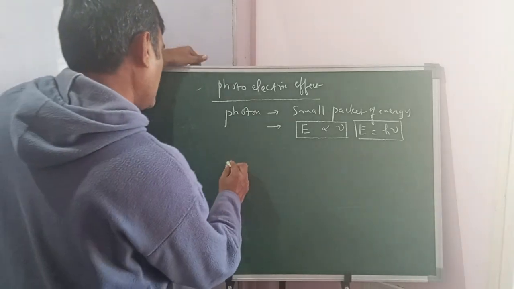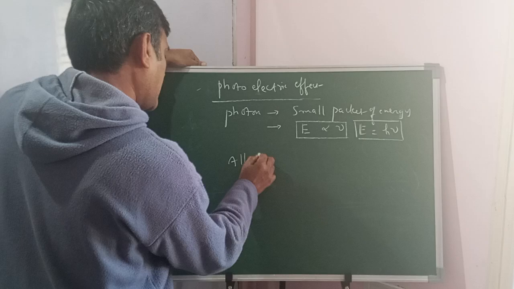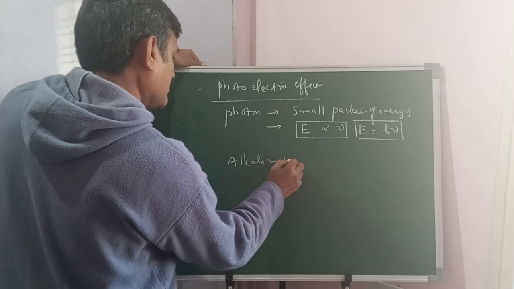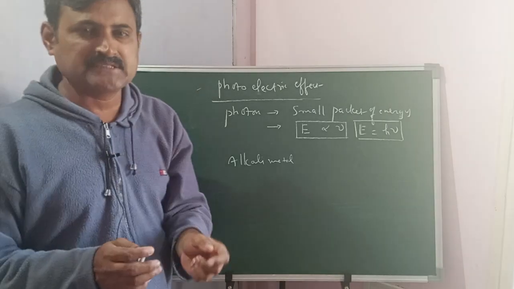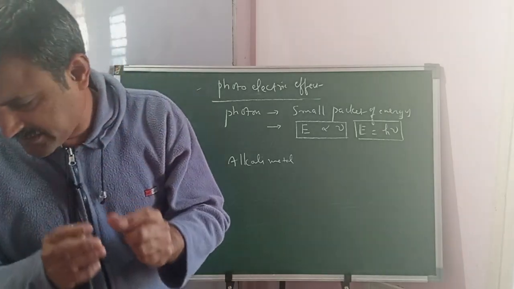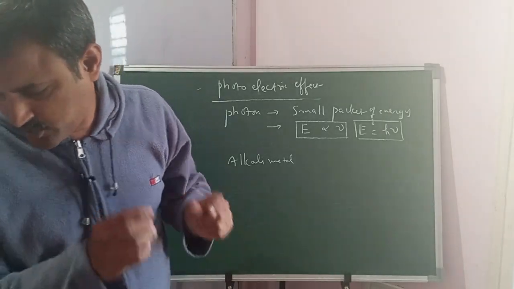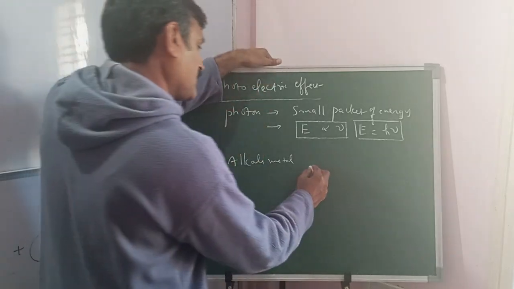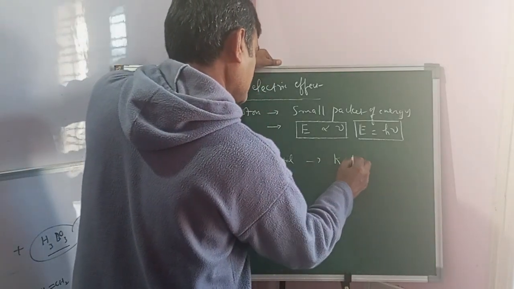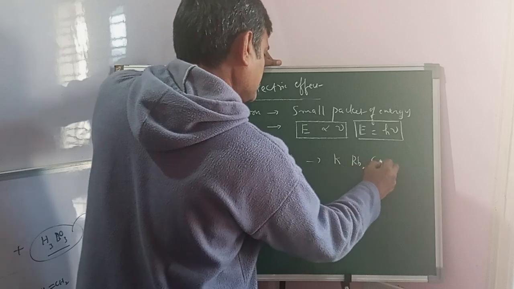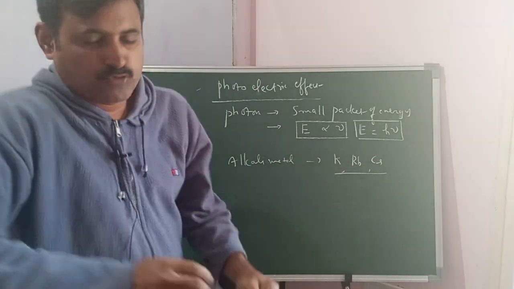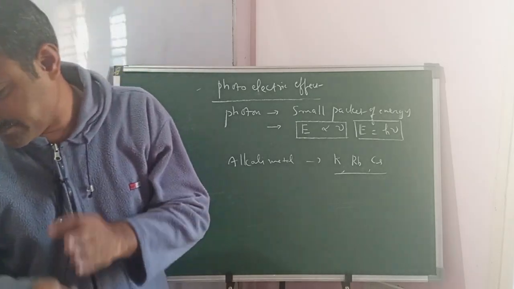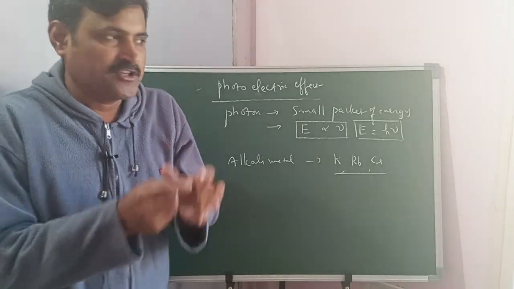As you all know, there are a few alkali metals. In these, we can consider potassium, rubidium, cesium.